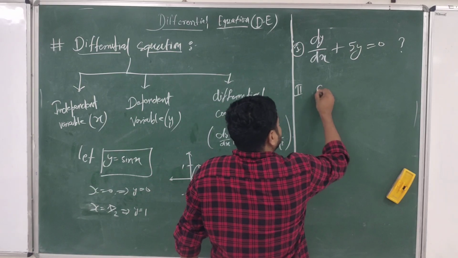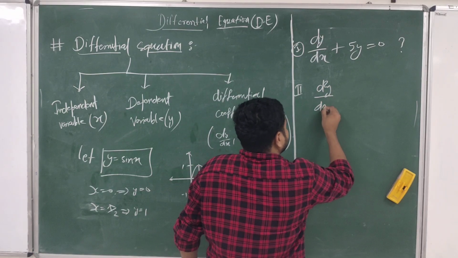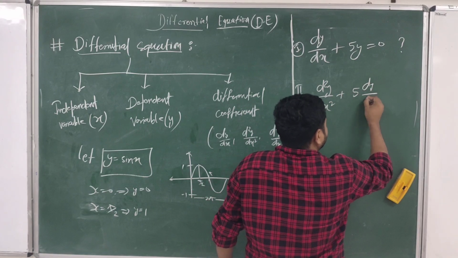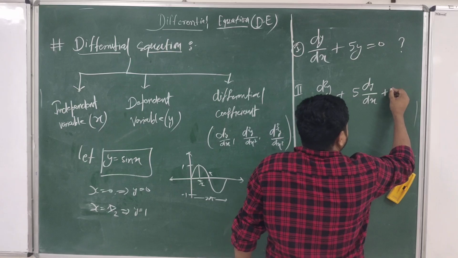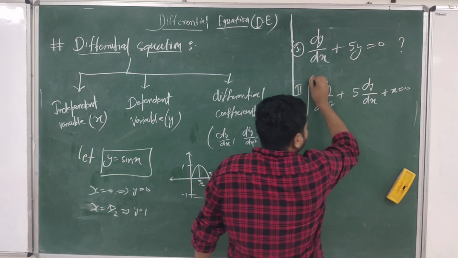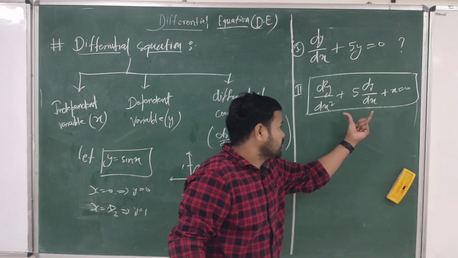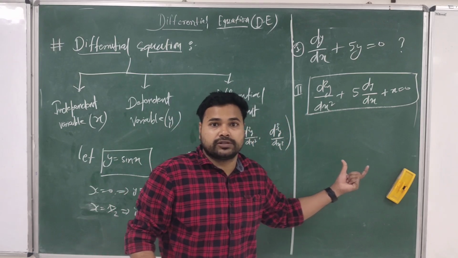Second, d2y upon dx2 plus 5 dy upon dx plus x equals 0. It is also a differential equation. Here there is more than one differential coefficient, but it is also a differential equation.